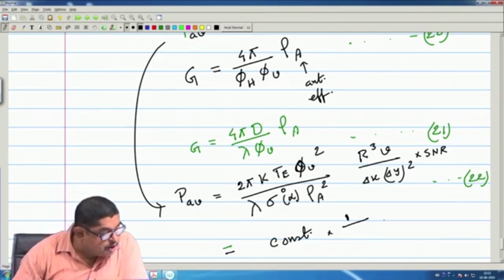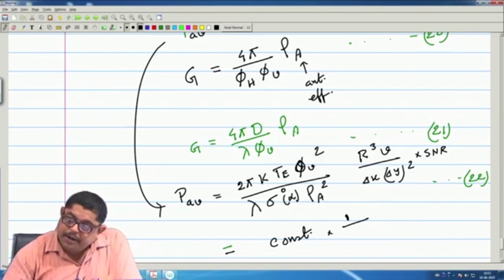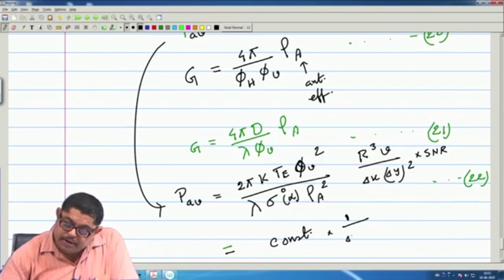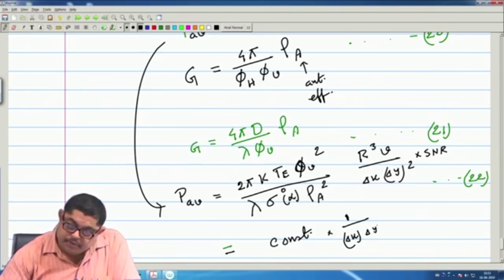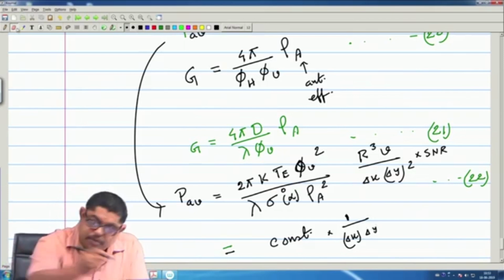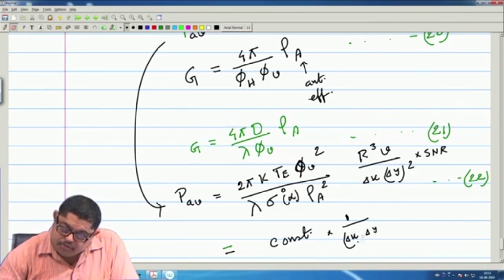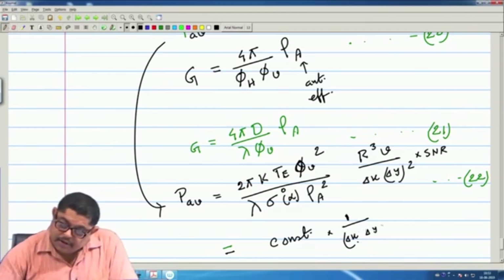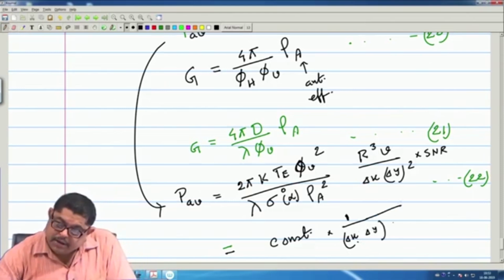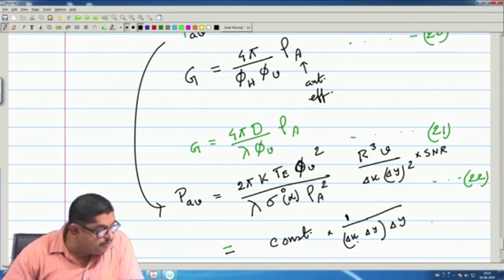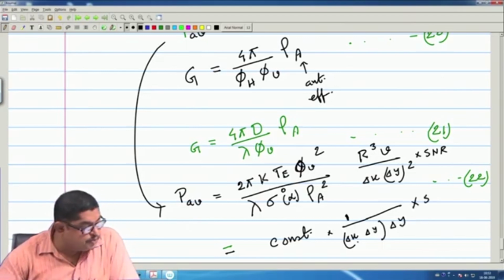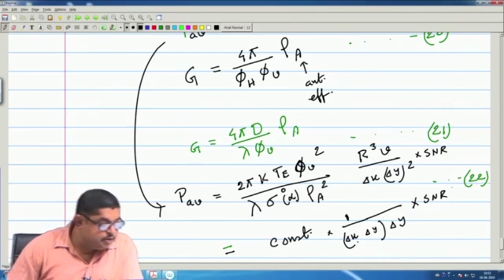So, r cubed will also go. Finally, we are left with delta x delta y, or I will make them together, delta x delta y into delta y into SNR.